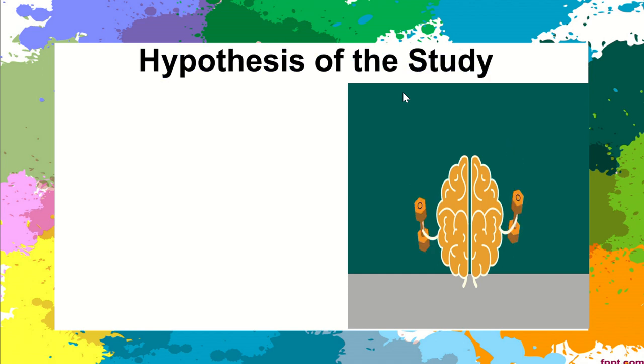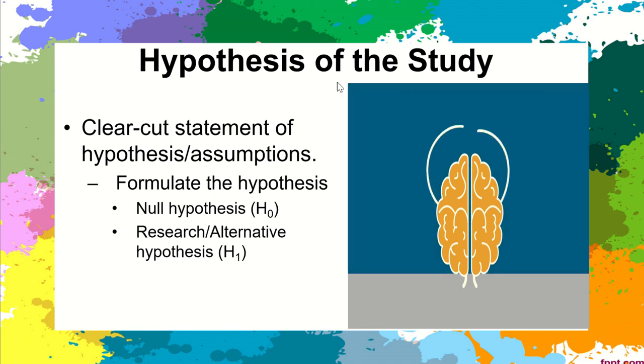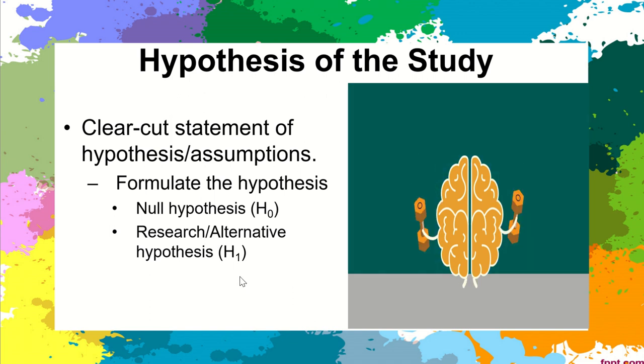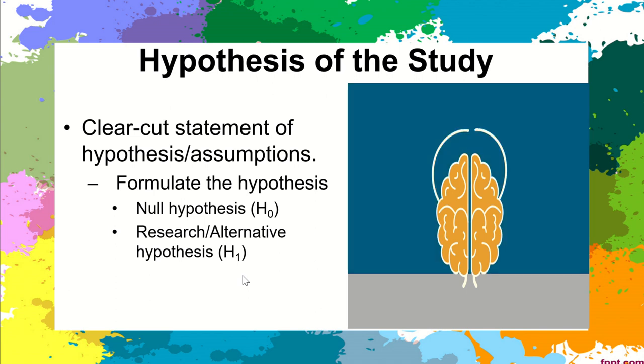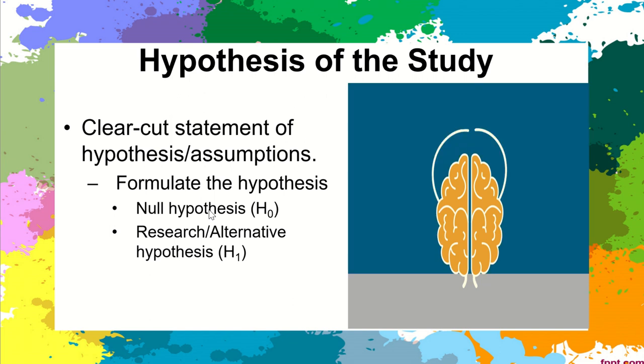Next, the hypothesis of the study. It's a clear-cut statement of hypothesis or assumptions. This is an educated guess, right? Here we formulate the null hypothesis and the research or the alternative hypothesis. The null hypothesis of a test always predicts no effect or no relationship between variables.